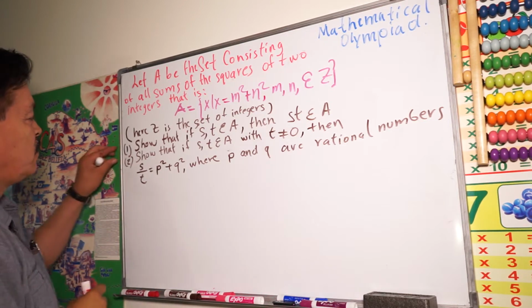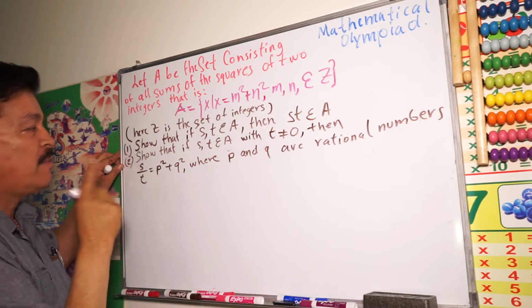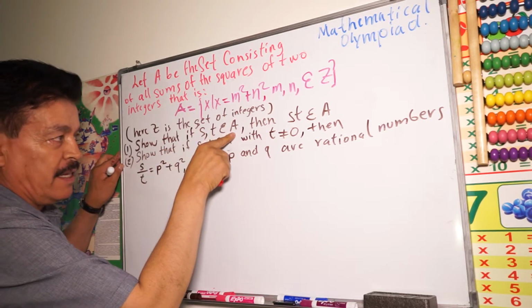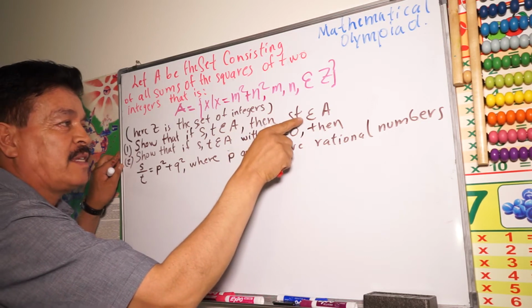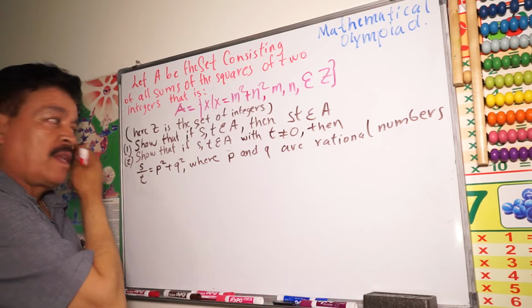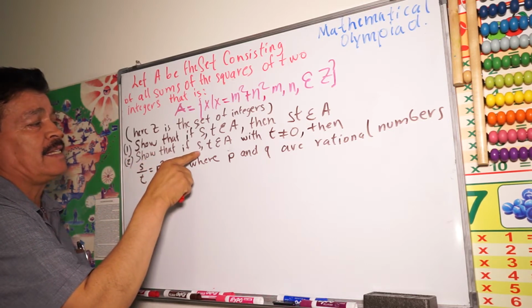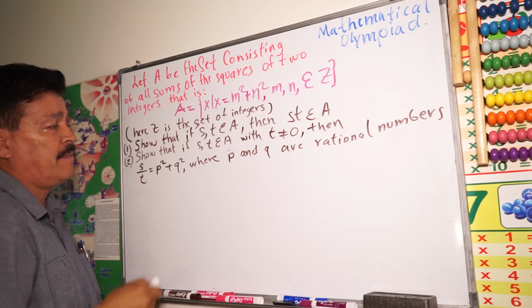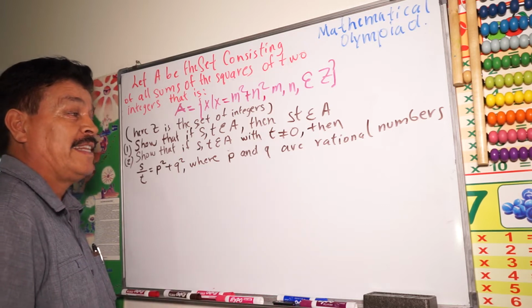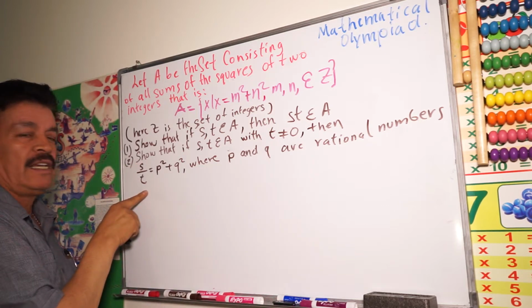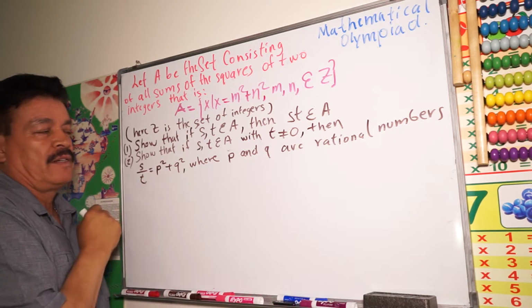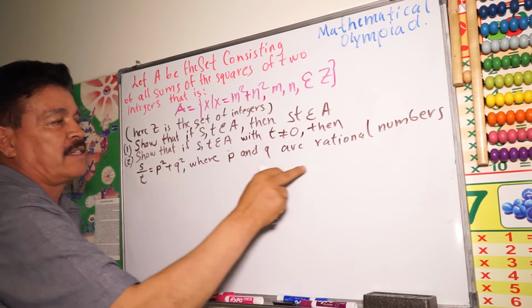The first thing we have to show is that if s, t belong to A, then s times t belong to A. Number 2, show that if s, t belong to A with t different from 0, then s over t equals p squared plus q squared, where p and q are rational numbers.